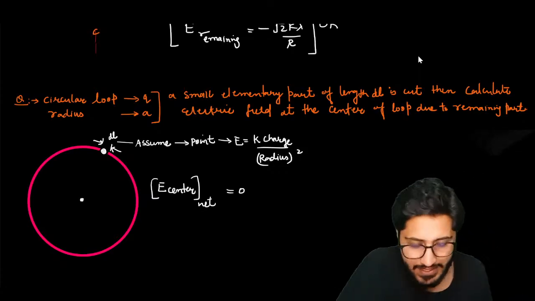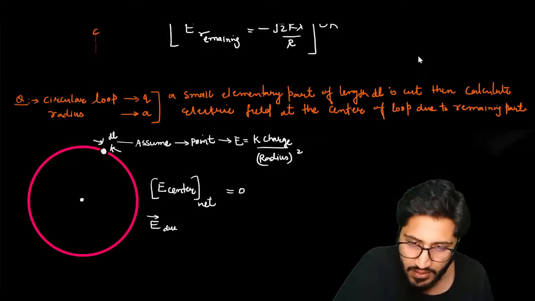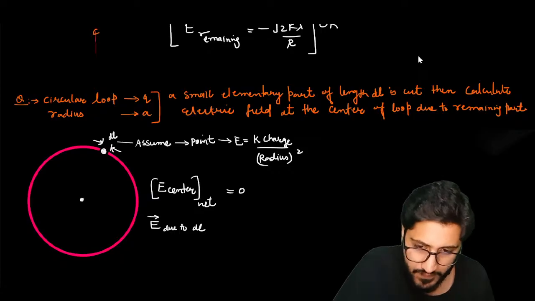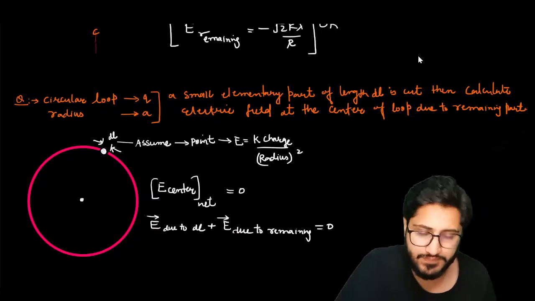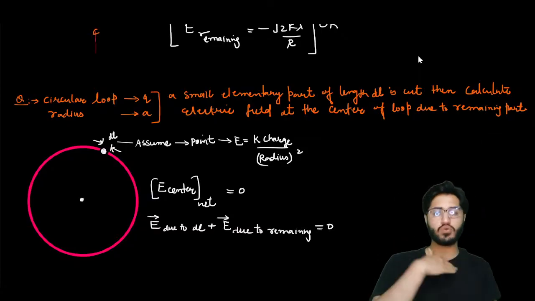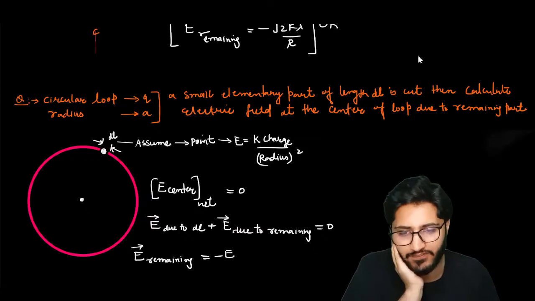Now I can write electric field intensity due to dl plus electric field intensity due to remaining is equal to 0. Now I need to find the one due to remaining only, which comes out to be minus electric field due to dl.